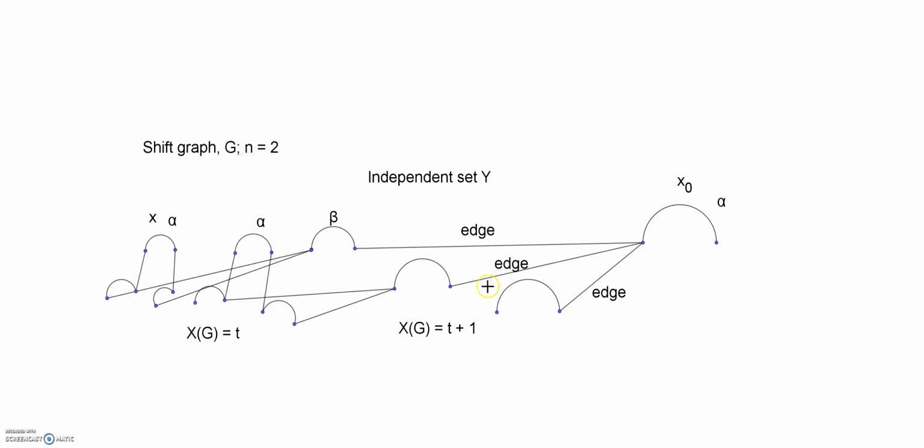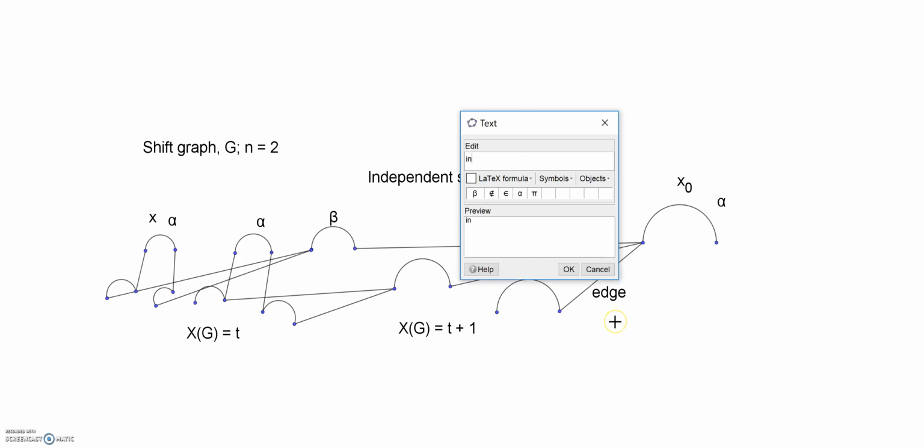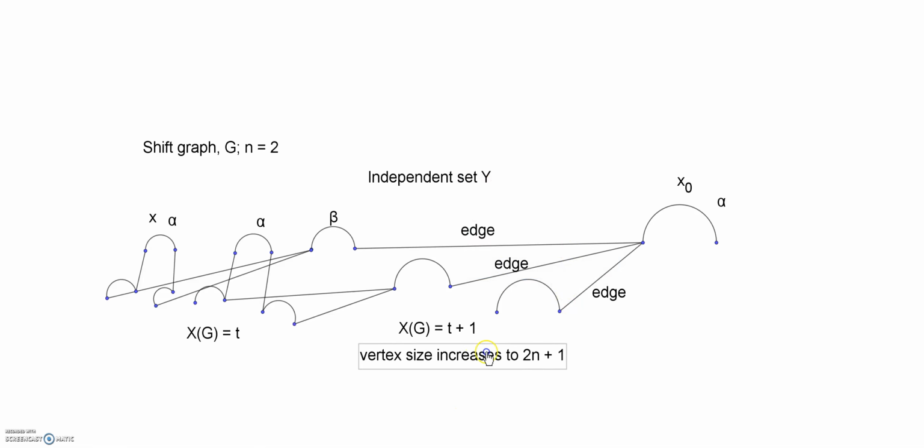And as you can tell, this was pretty complicated just for vertex size n equals 2, but with n equals 3, n equals 4, if vertex size increases to 2n plus 1, which is why we get the new chromatic number of t plus 1.